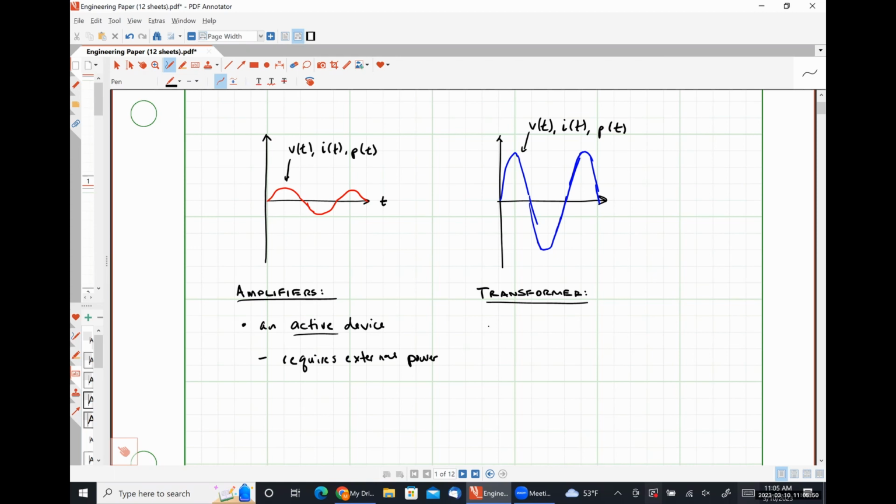In contrast, transformers are passive devices, meaning that they do not require any external power. So a transformer is really a very complicated, but in some ways simple circuit element like resistors, capacitors, and inductors that behave that particular way without the application of any external power.